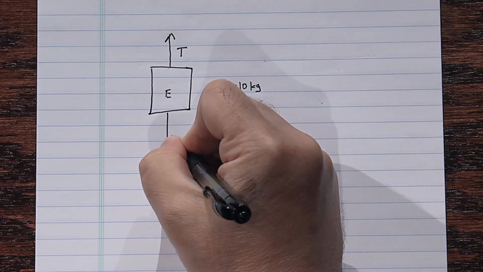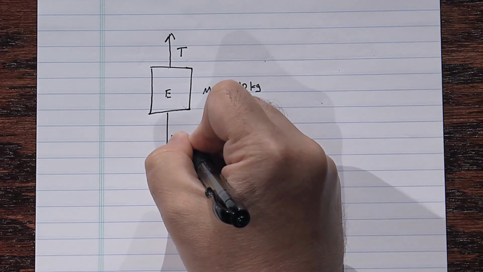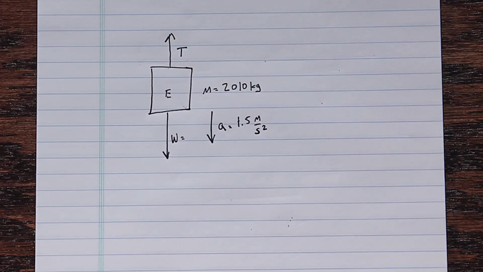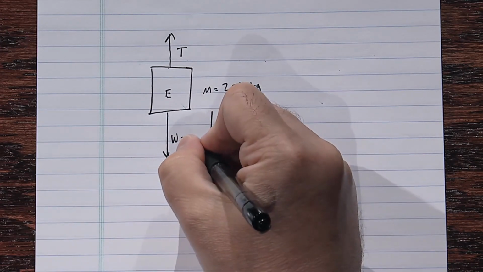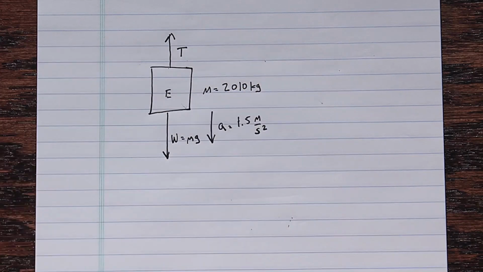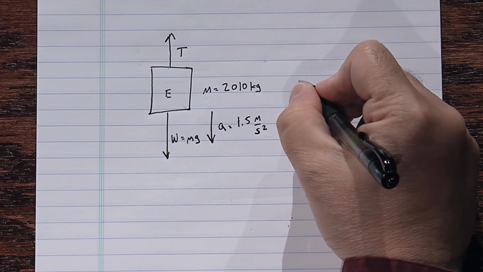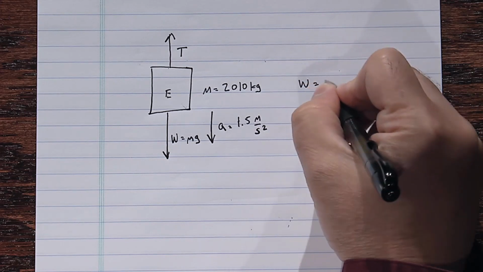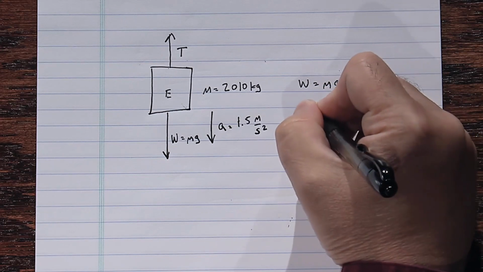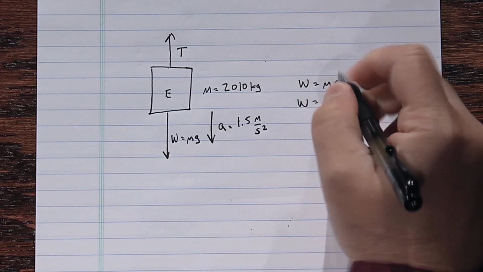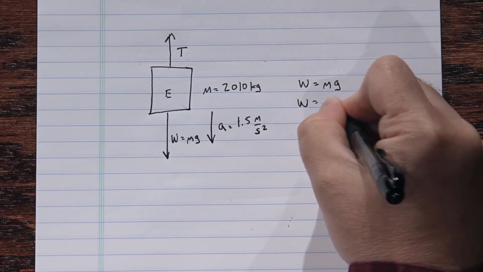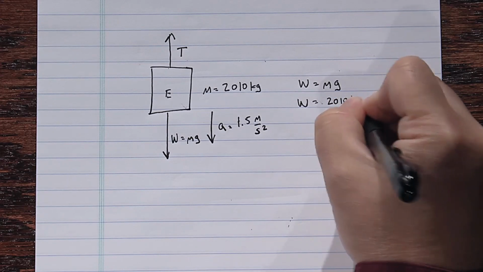So we have weight, and we know that weight is equal in magnitude to mass times g. And I'll go over here and I'll calculate that. Weight is equal to mass times g. Weight is equal to a mass of 2,010 kilograms.